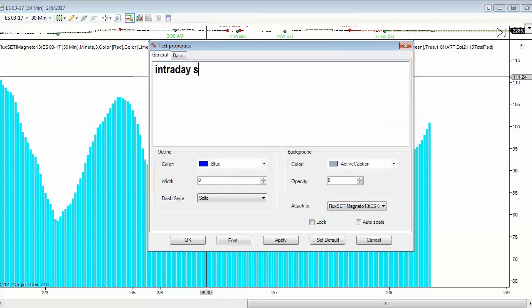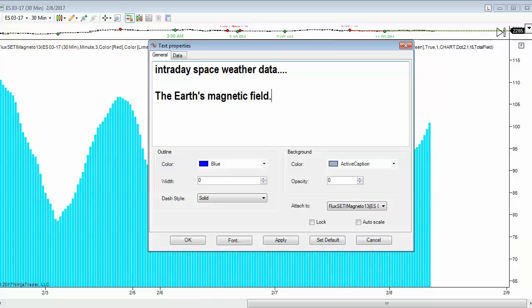Intraday space weather data. More specifically, the Earth's magnetic field. A very expensive EMF detector.